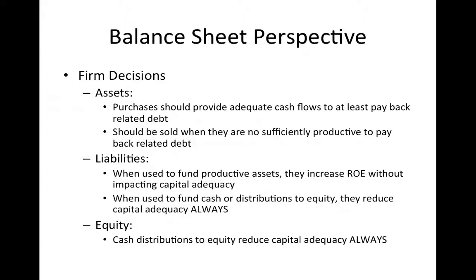And then the last example is that if the whole reason you're borrowing the money is so that you can pay a dividend or repurchase stock, basically make a distribution to equity, then you're increasing a liability, right, without generating any asset. Instead, what you're doing is increasing the liability so that you can decrease the value of the equity by making a distribution out, just giving the money to the equity holders, and that will always reduce capital adequacy.